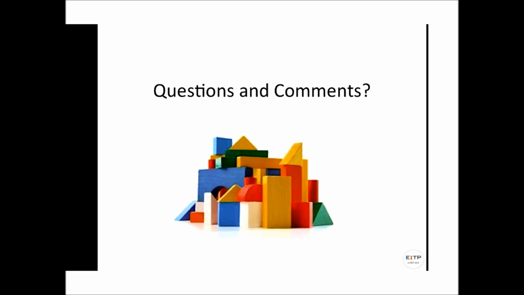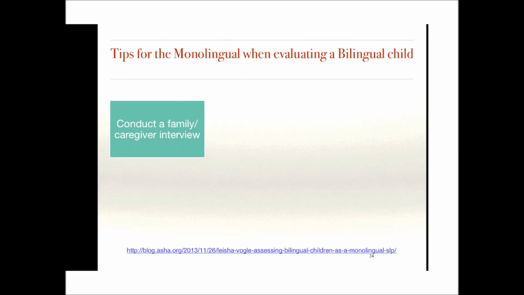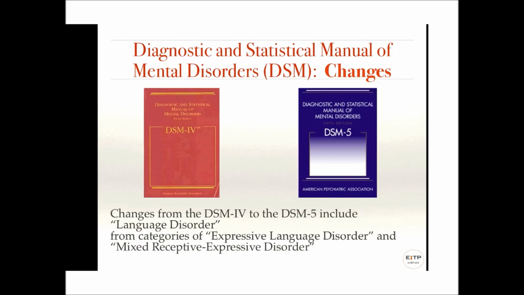So I'm looking through the chat, and let's see, Paula has one other question. What are the primary changes in diagnosis of language disorder criteria from the DSM-4 to the DSM-5? So I'll go back to that slide again, and if you want to talk to that. Yeah, let me get back to my notes. Diagnostic categories for communication disorders include language disorder, speech sound disorder, and so on.